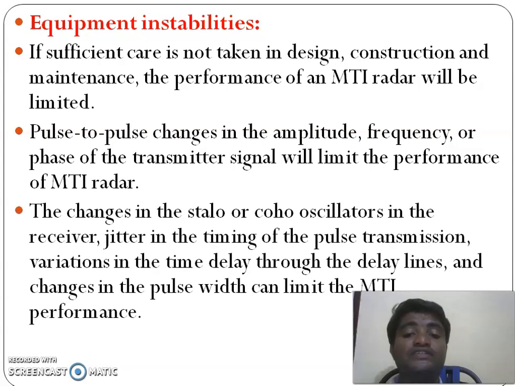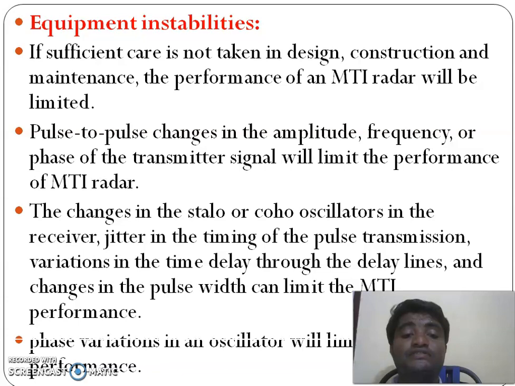The changes in the STALO or COHO oscillator, jitters in the timing of pulse transmission, variations in the time delay through the delay lines, and changes in the pulse width will limit the MTI performance. These are the equipment instabilities.